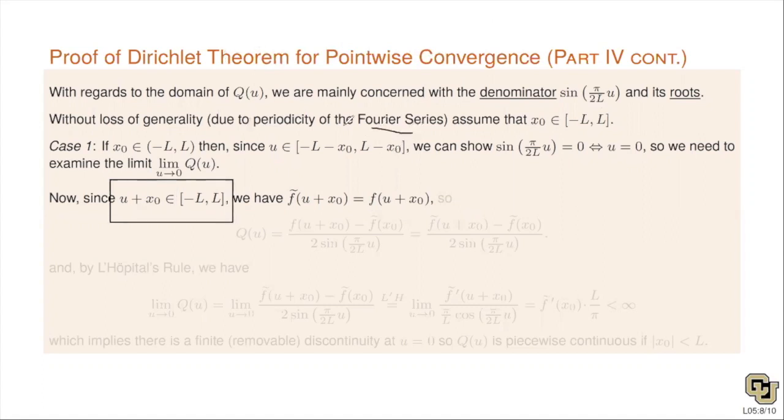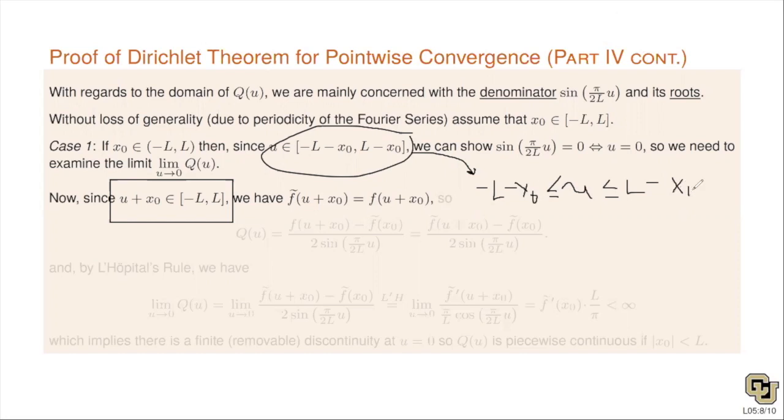So if you start from here, this says u is in between negative x sub 0, and then here's u, and then it's less than or equal to L minus x sub 0.